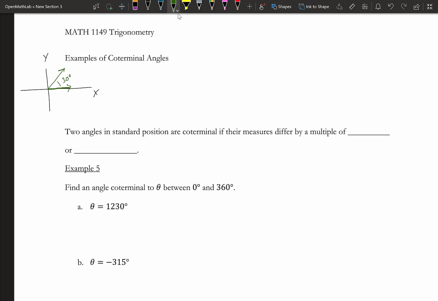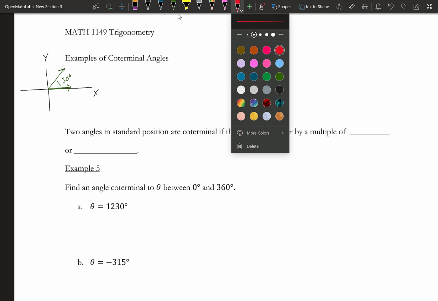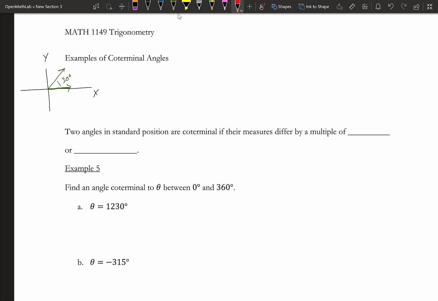So then another angle that would be coterminal is essentially if you add another revolution, right? So let me come in with a different color. If we were to go around one full time and still land right over top here, in other words, 30 degrees plus 360 degrees, which is 390 degrees, would be coterminal.